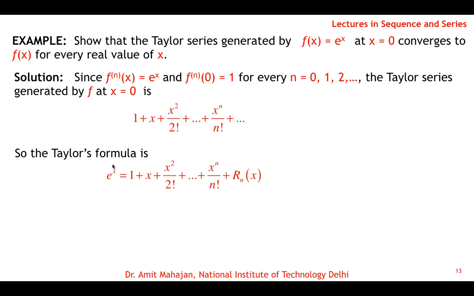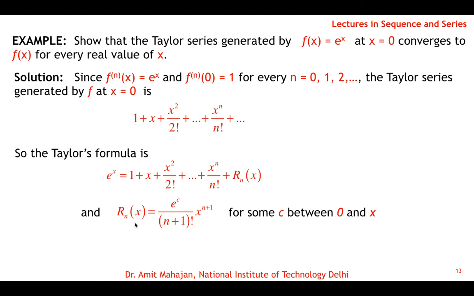So we write the Taylor formula, which says that the function f(x), which is e to the power x, can be written as the Taylor polynomial of order n plus the remainder Rn(x), where Rn(x) is the next term, which is f^(n+1)(c) times x to the power n+1 by (n+1) factorial.